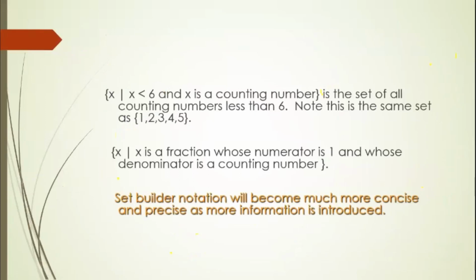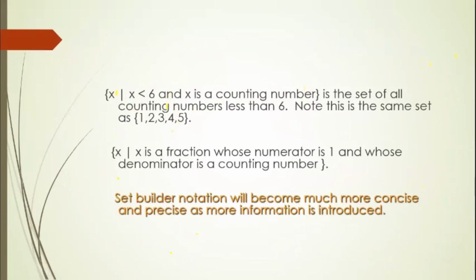What if you are asked to express this into a roster form? It is just the set of all counting numbers less than 6. So this statement is equal to {1, 2, 3, 4, 5}. You would notice that these numbers we have here are all numbers less than 6.